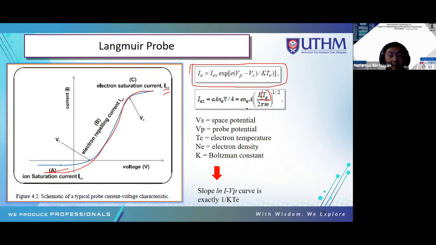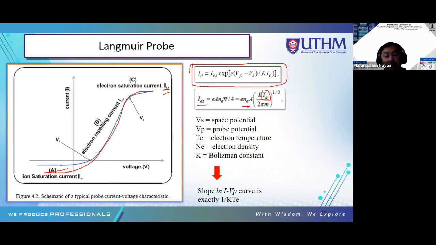This is unknown, but first we can get the electron temperature. After we get the electron temperature, we can get the electron current, and then we can calculate the electron density here.